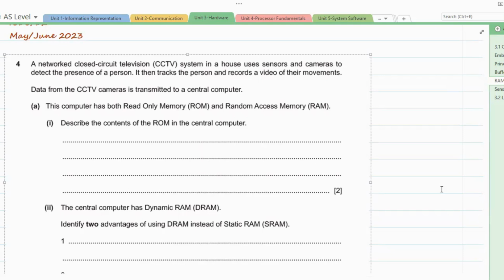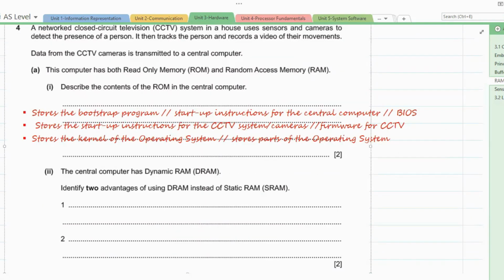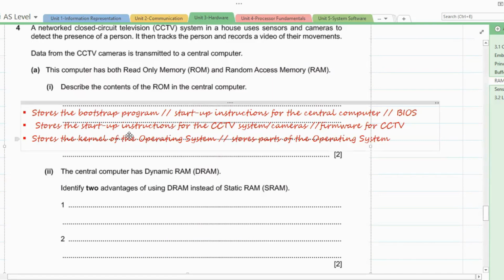So you need to modify your answer in order to write that, but relating to the situation which is given here. So you can write this as an answer that it stores the bootstrap program, stores the startup instructions for the CCTV system, or it stores the kernel of the operating system.